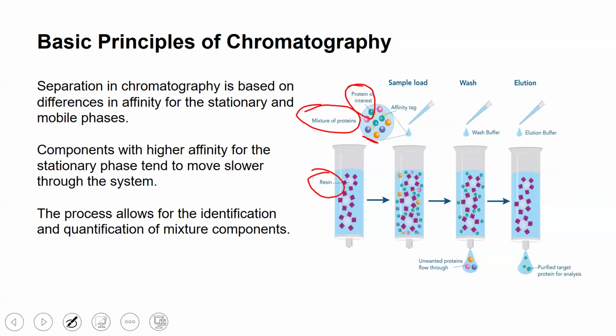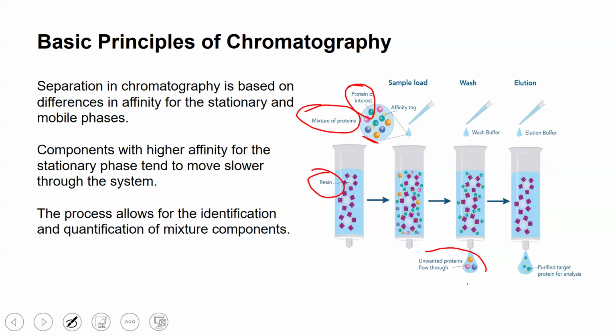After you place the mixture, the protein of interest has higher affinity for the stationary phase of the affinity tag, so it will be bound. That is where there will be a slow movement through the system, while all other proteins that have lower affinity for the stationary phase will be eluted.